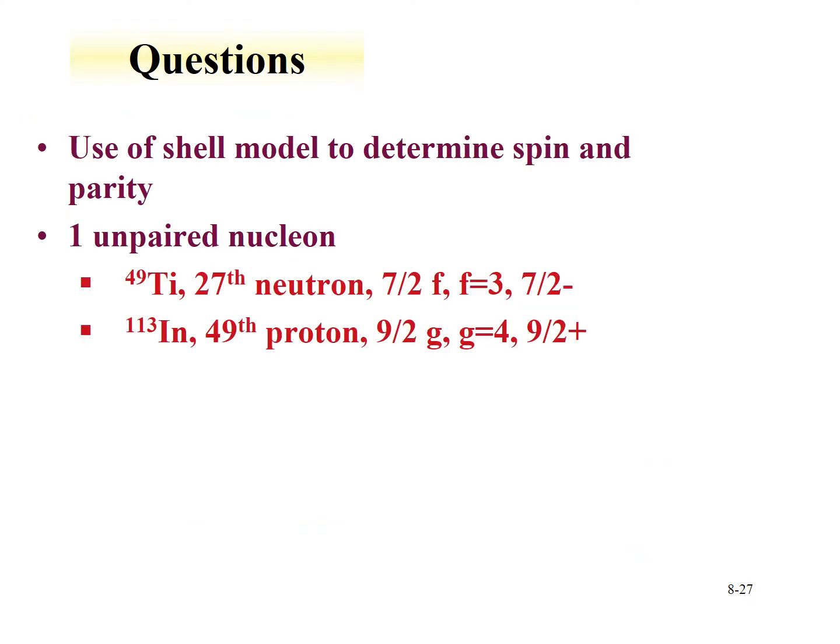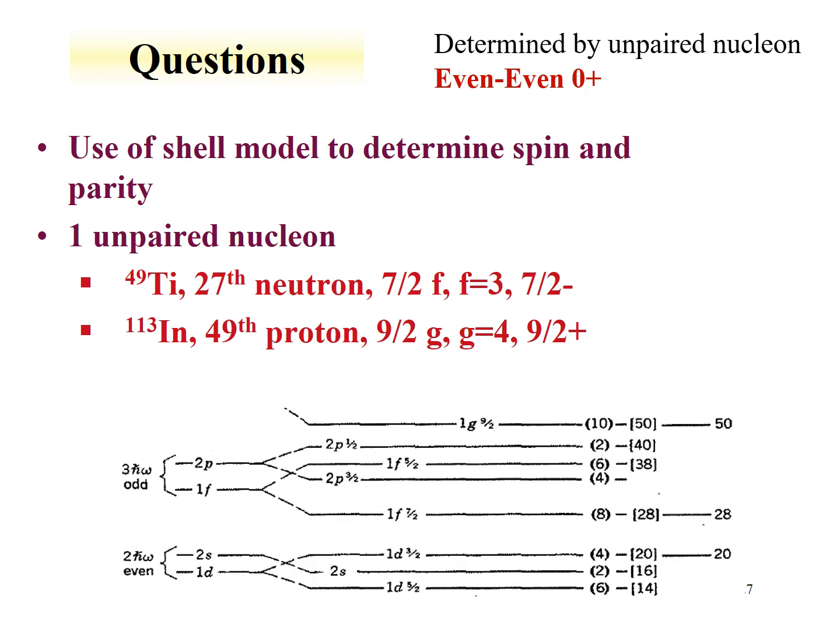Another important concept discussed in this lecture is the use of the shell model to determine spin and parity. We discussed that the spin and parity is determined by unpaired nucleons in the nucleus. All even nuclei, with an even number of protons and an even number of neutrons, have no unpaired nucleons. All even nuclei have ground state spin and parity of 0 plus. If we have an example of a nucleus with one unpaired nucleon, we can use the shell model to evaluate what the spin and parity should be.